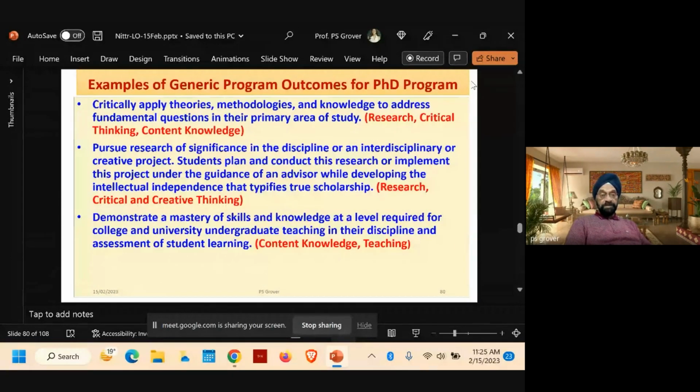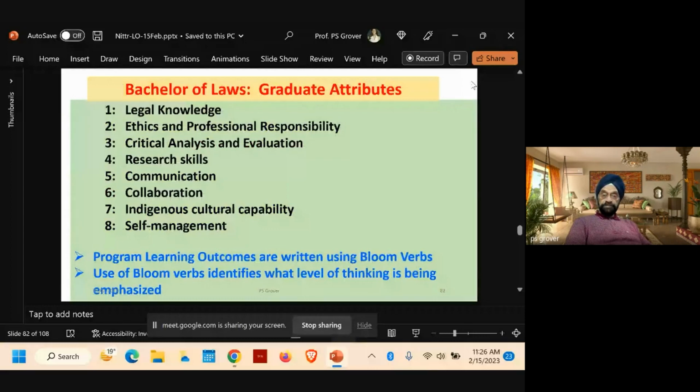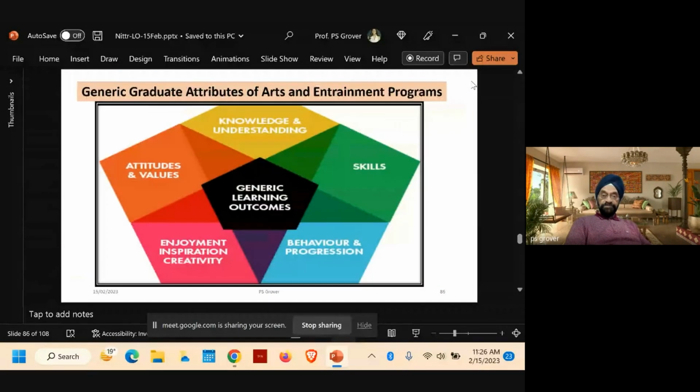So similarly we can have outcomes for a PhD, and for various other programs. For law, we can have them for a law graduate, for a master of science, and for the arts and entertainment program, like this.